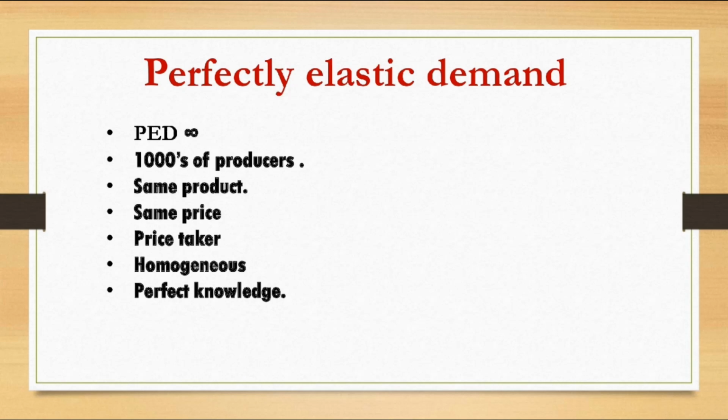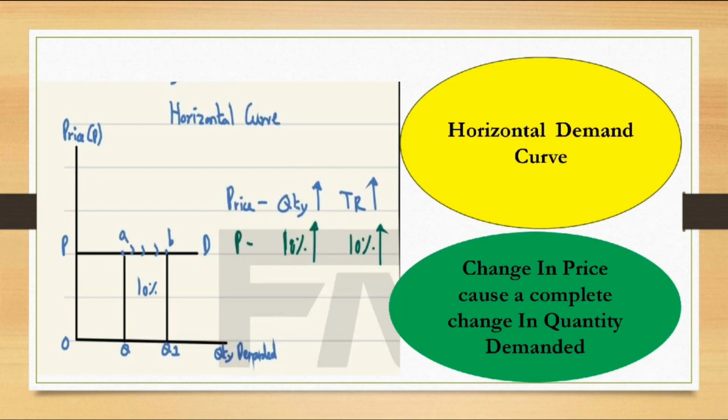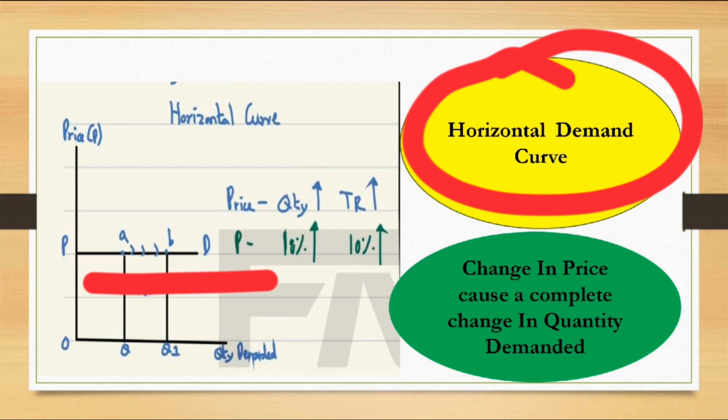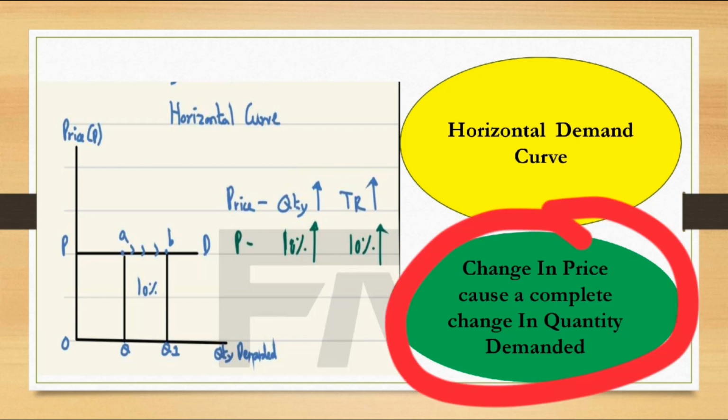If they set prices above that, they will be out of the market. So it is known as perfectly elastic demand. And the demand curve is a horizontal curve. We can see in the diagram, the price and the demand curve are equal. So when there is a change in the prices, it causes a complete change in the quantity demanded.